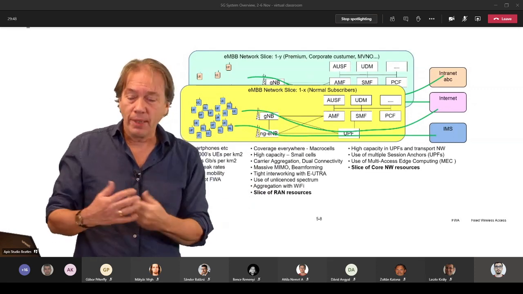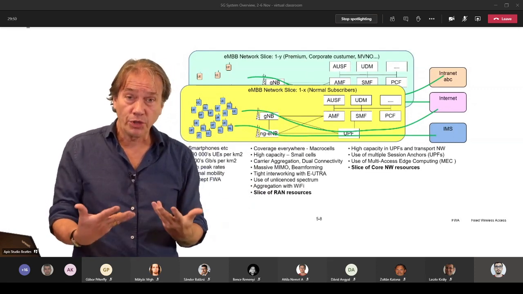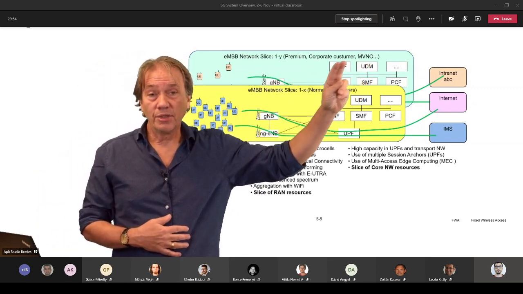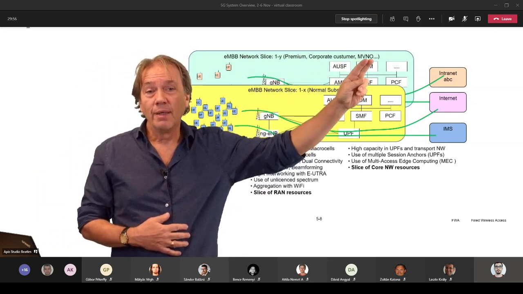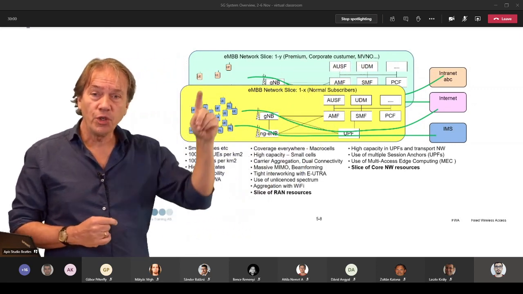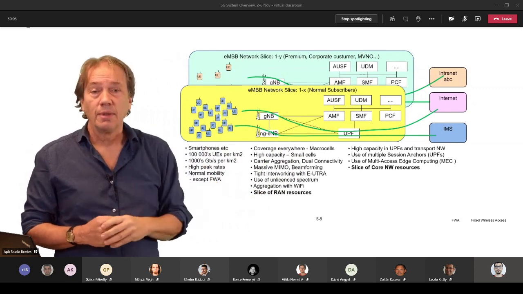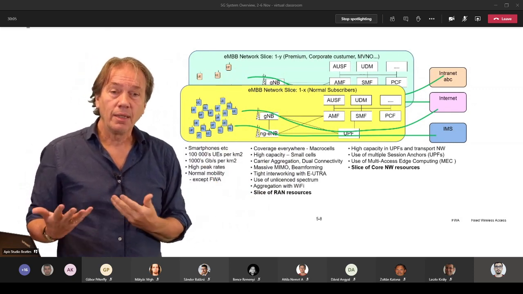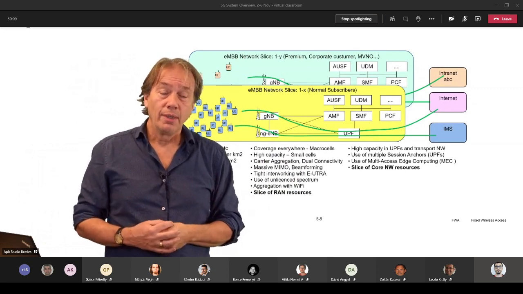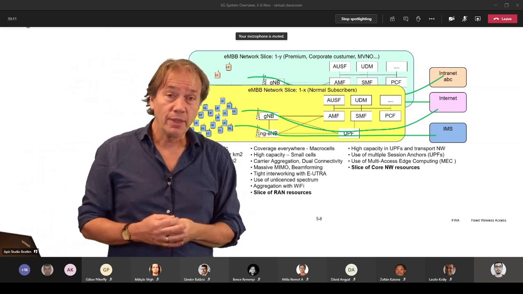Maybe it would be a good idea to host the premium subscribers or the corporate customers, some bank or insurance company, or an MVNO in a separate network slice. Fewer UEs sharing the capacity, and obviously the radio network and the core network can be dimensioned in a different way.